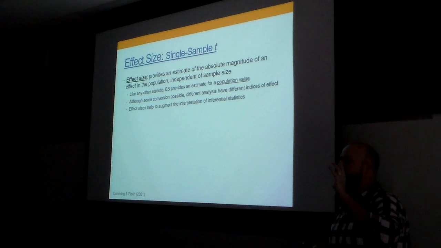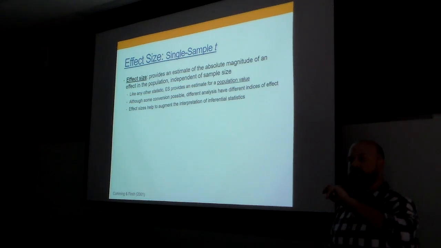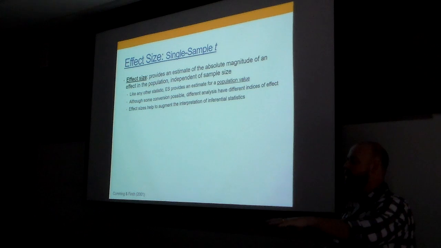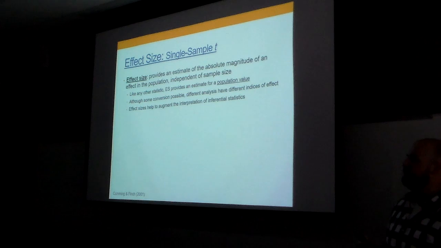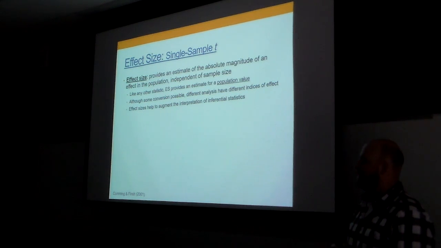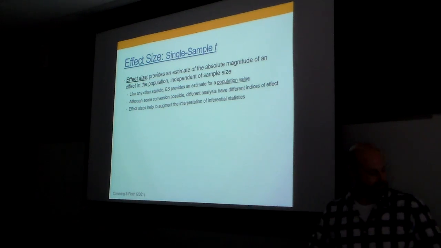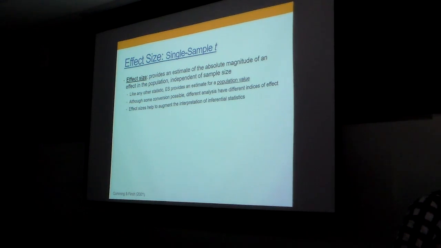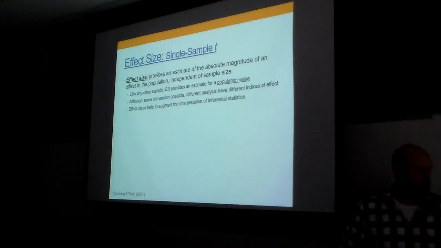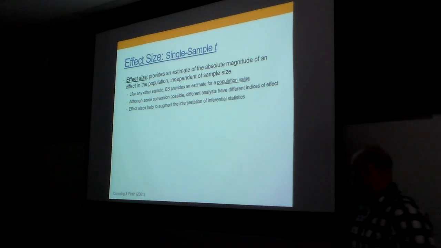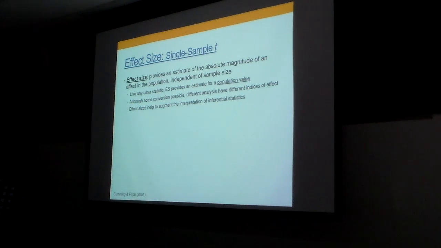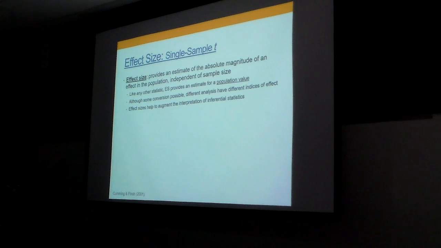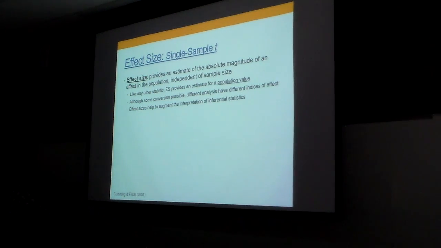What about, if I pull an effect size out of published peer-reviewed research articles, is that effect size likely to overestimate or underestimate the population value? Overestimate. Why is that? Do we publish things that have significant findings or not significant findings? Significant findings, right?